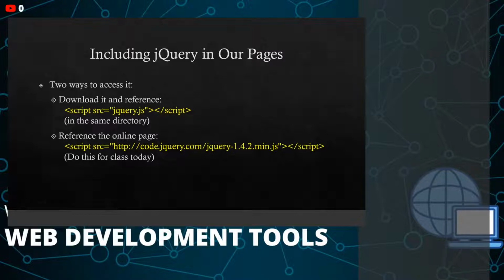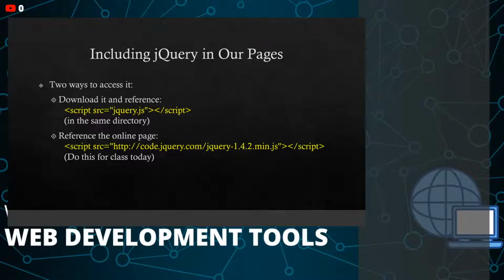Now, if we do that, that means that somebody who's visiting our site has to download this entire JavaScript file from our site in order to be able to run the jQuery that we've written on our site. Because remember, our browser by default does not understand jQuery. We need to give it the language that it needs to understand it. And that's this inclusion.